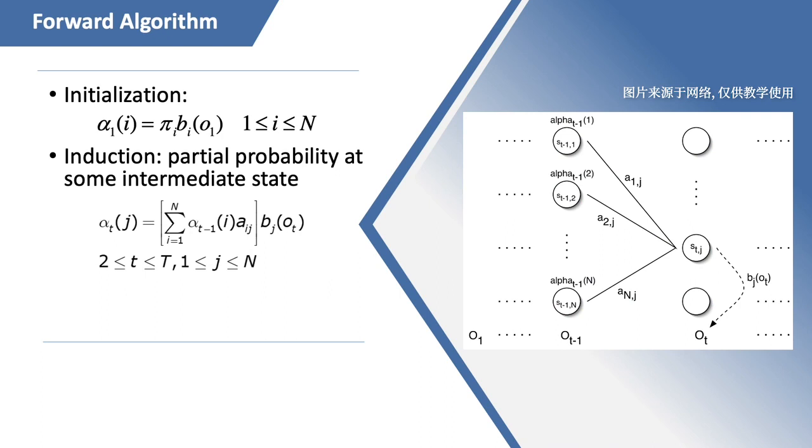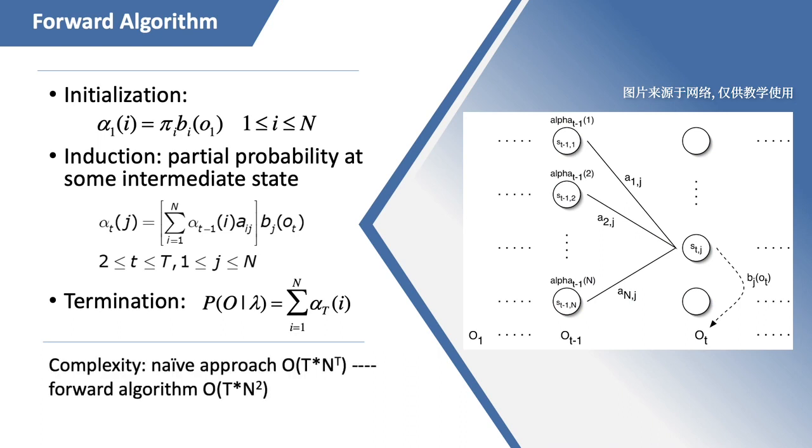The third step is termination to obtain the conditional probability P(O|lambda). If we examine the computation involved in the calculation of alpha t(i), we see that the forward algorithm takes smaller computations rather than the naive approach, which takes large computations.